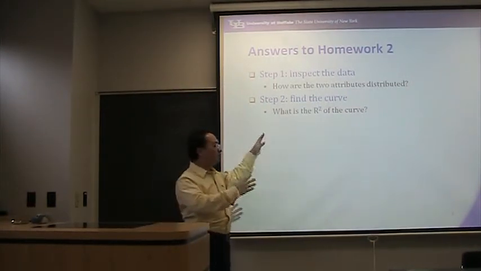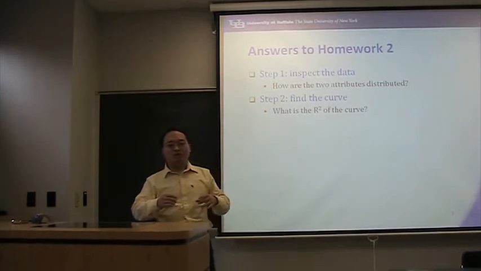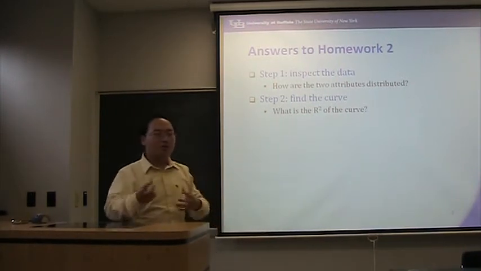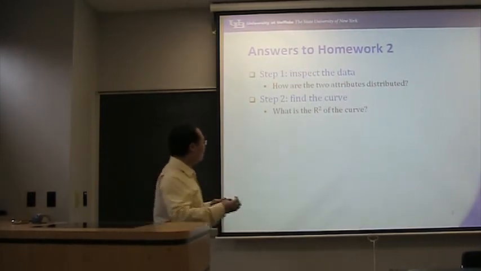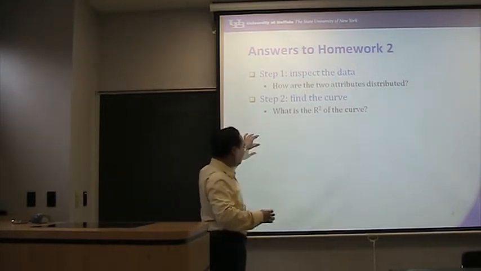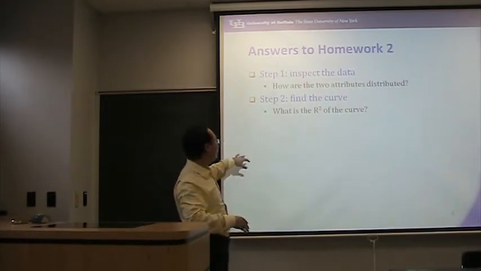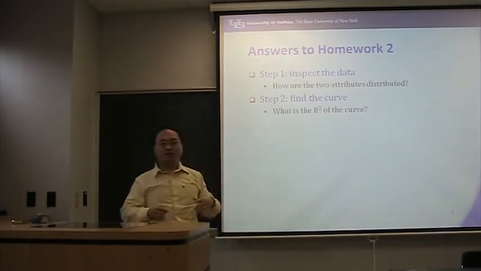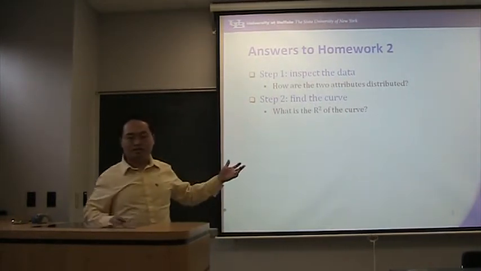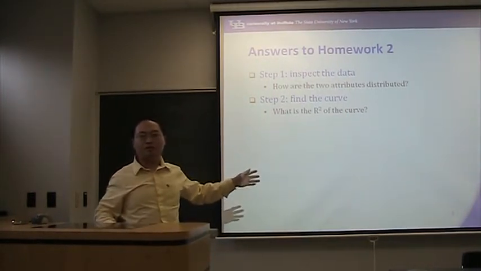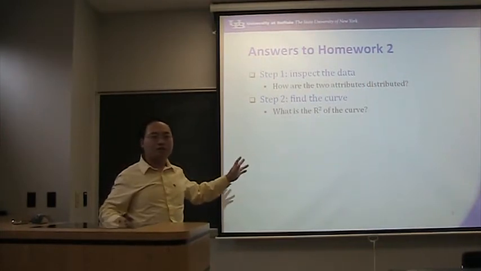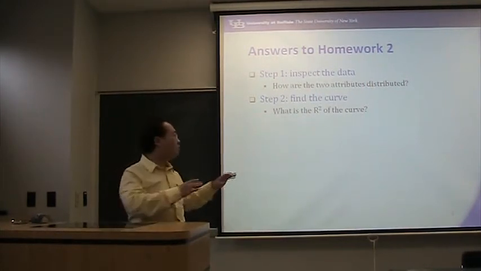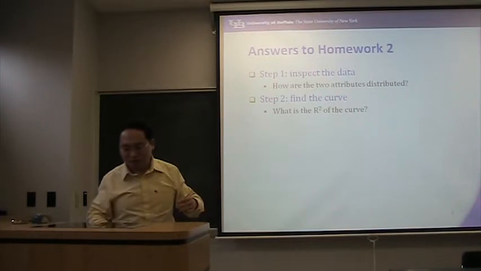I don't want you to only use the curve as the result. But the curve you find is very important. So the second step will be to find the curve. Now I'm going to show you how to find the curve.